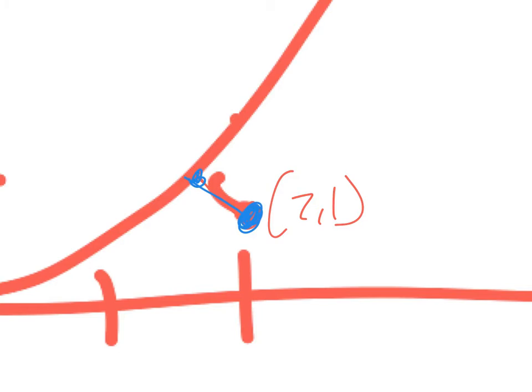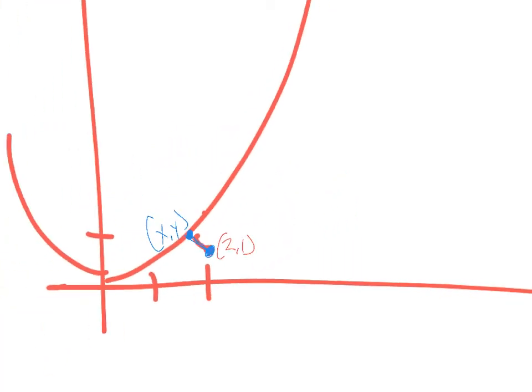If we come over here, that's a little longer. The shortest distance is going to be actually perpendicular to a tangent line there. This is the point we'll call x comma y. So we want the distance between these 2 points, x comma y and 2, 1. We want that to be minimal.